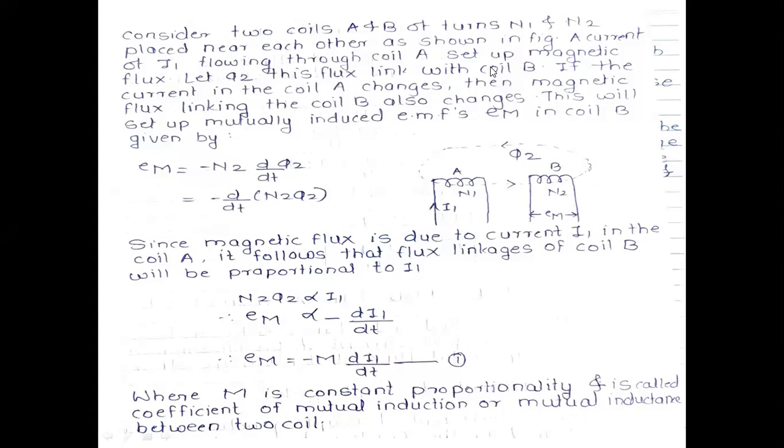If the current in coil A changes, then the magnetic flux linkage of coil B also changes.